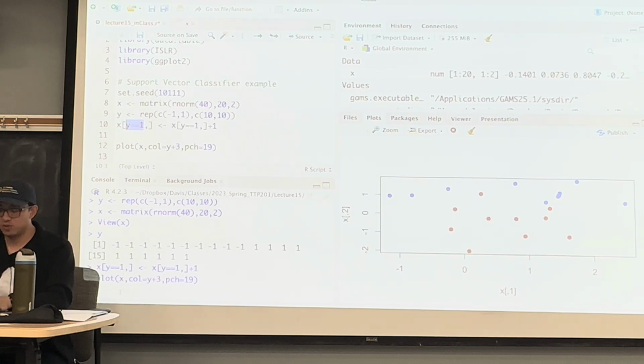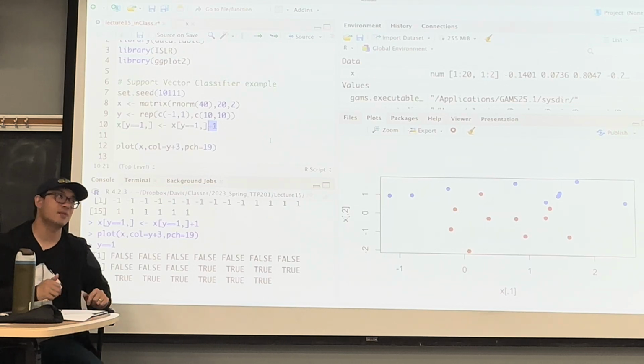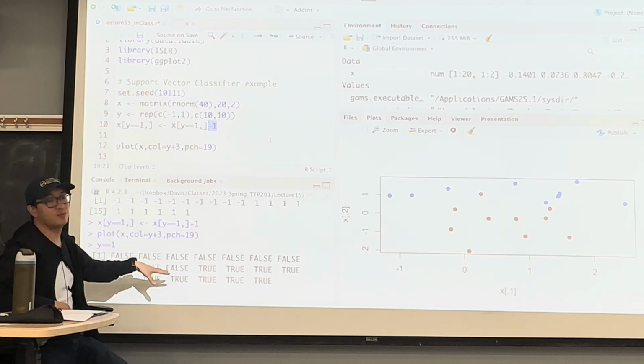If I do y equals 1, it's going to say false, false, false, false, false, false, false, false, true, true, true, true, true. So I'm going to add 1 to anything where y is true.